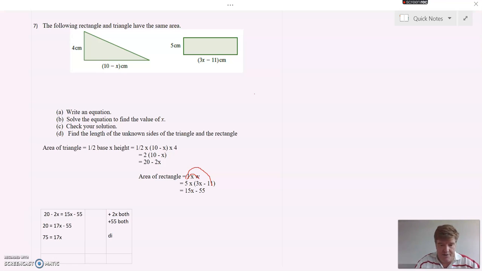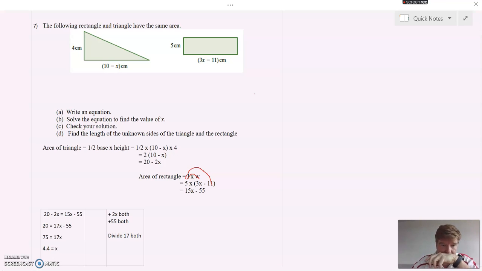The opposite of that is going to be divide by 17 both sides. And so we've got 75 divided by 17, which equals 4.4. And 17 times x divided by 17 is just going to leave us with x.